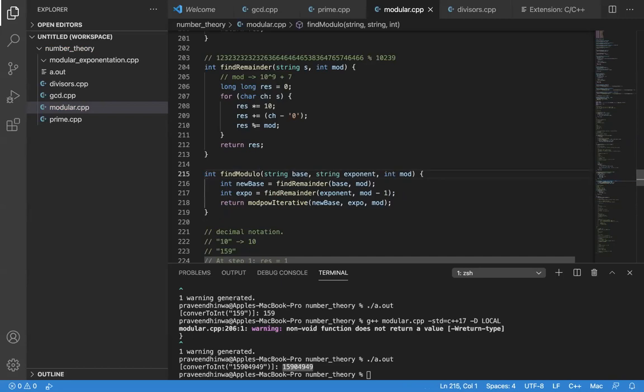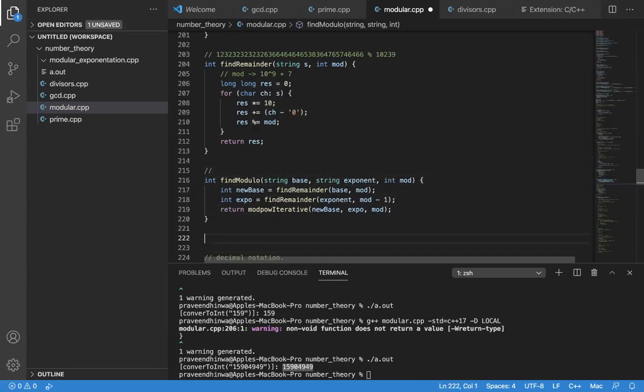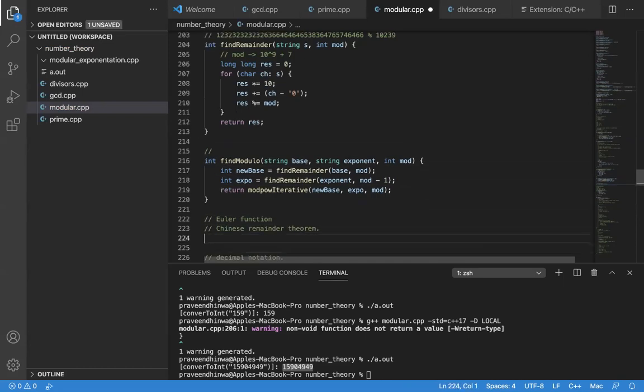If this mod is not prime, then there are some tricks that you have to use. I will give you a hint: if you want to go in that direction, you can use Euler function and Chinese remainder theorem. Those are slightly advanced topics, but essentially they follow exactly the same pattern as whatever you have done till now. Here we were doing mod -1.